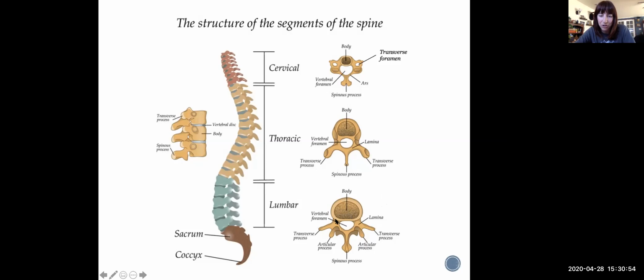Your thoracic and your lumbar, the big difference between them is that the lumbar has a huge vertebral body compared to the thoracic. The thoracic is going to have larger transverse processes because that's where they articulate with the ribs of your thoracic cage, right? This being thoracic vertebrae. What else?